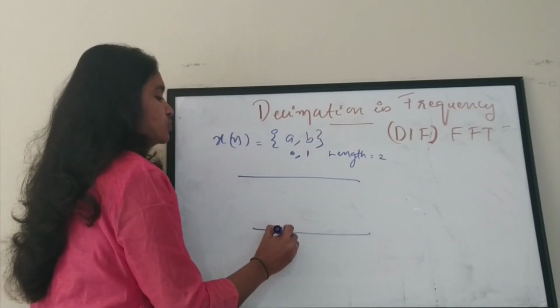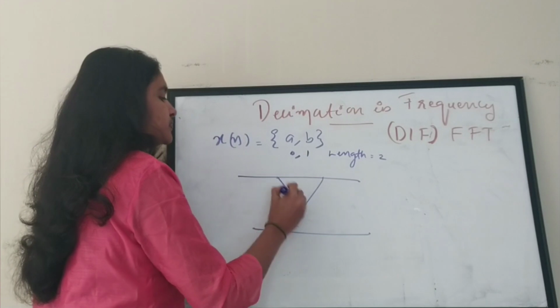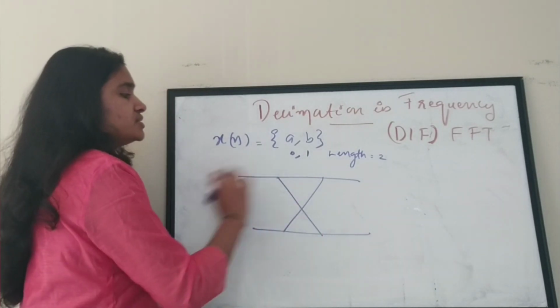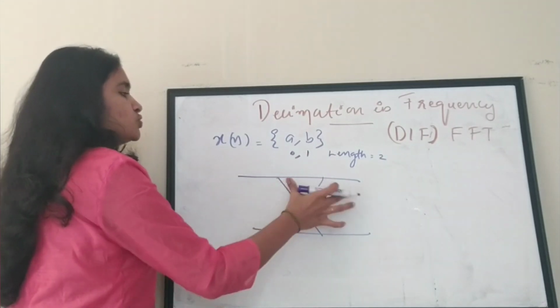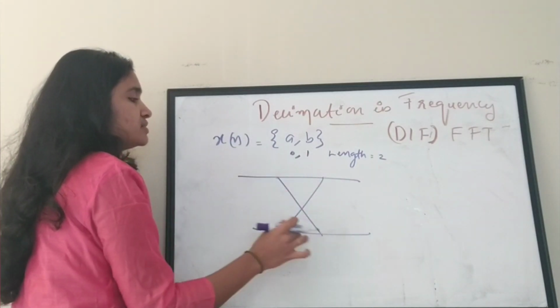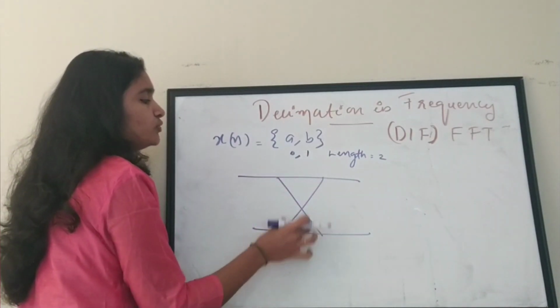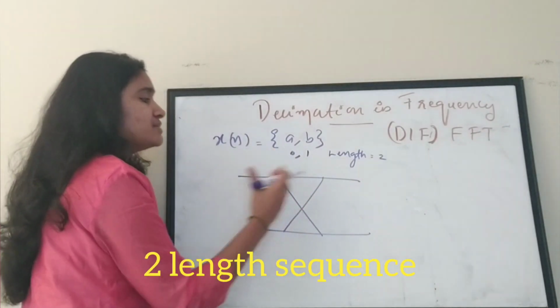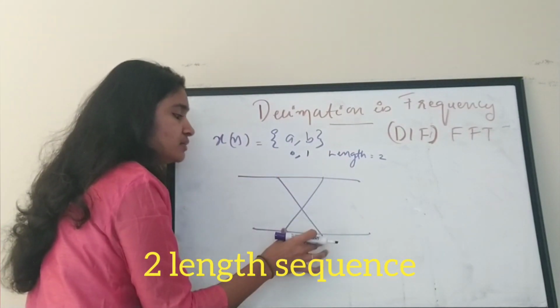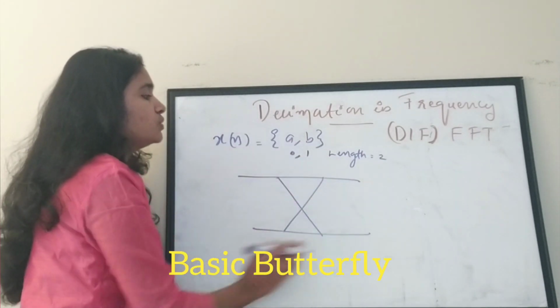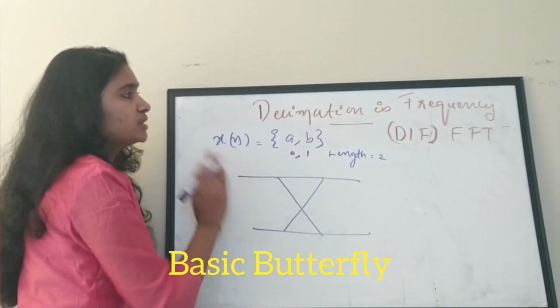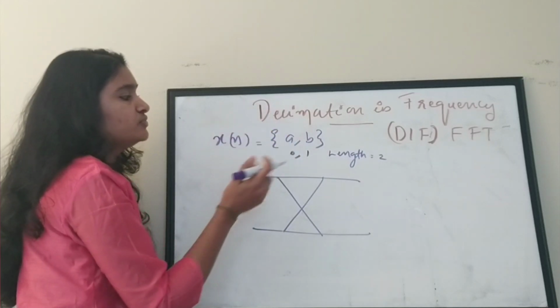Now draw 2 diagonals. This is how your butterfly will generally look. There are 2 parallel lines and 2 diagonals, so generally we say there are 4 branches for this butterfly, 2 parallel ones and 2 diagonal ones. This is how the basic butterfly of a DIF will look.